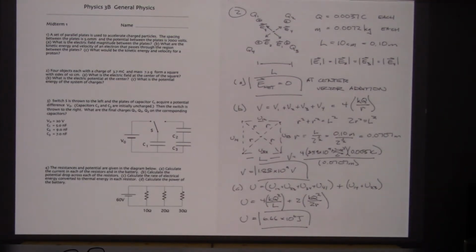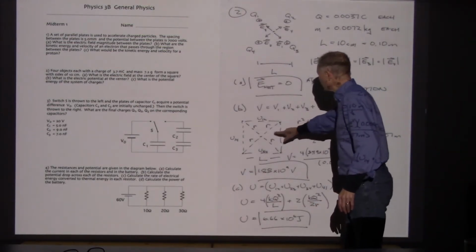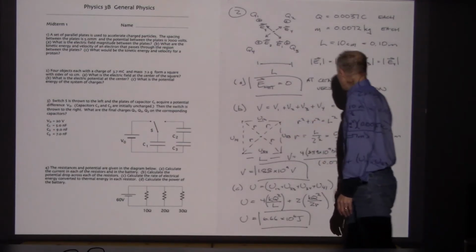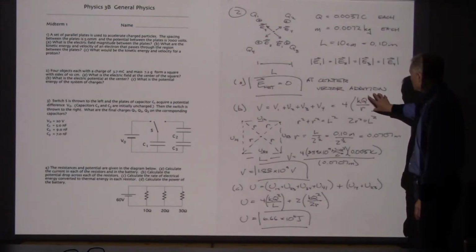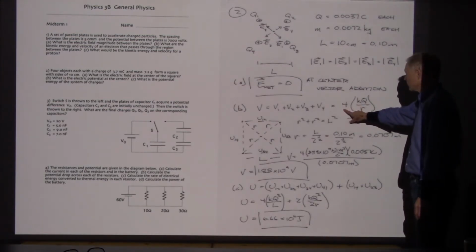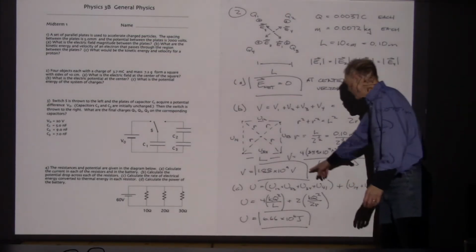The presence of each of the four charges is going to contribute to the electric potential at the center. So each charge individually provides a potential of kQ over r, and I've got four of those charges. They're each going to contribute. Putting all those numbers in, it's another big number.